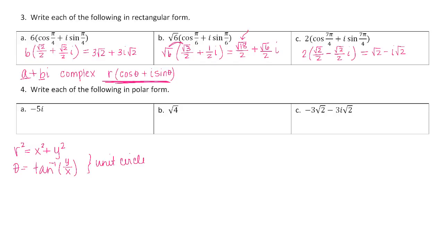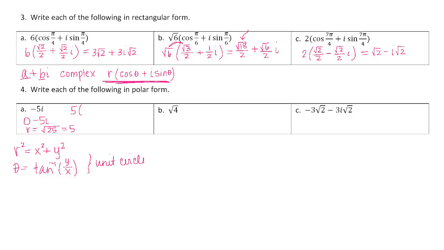All right, so in this form, our a plus bi, we can really rewrite this to be 0 minus 5i. So the r part in this would be the square root of 0 squared plus 5 squared. So my r is 5, so I have 5 times, and now I need cosine of an angle plus sine of an angle.